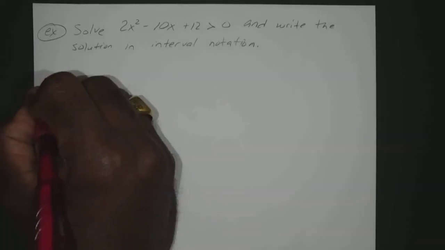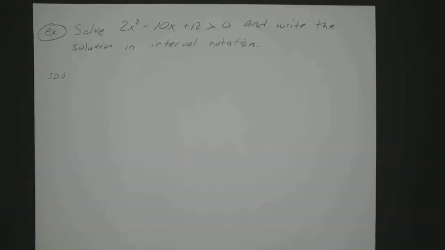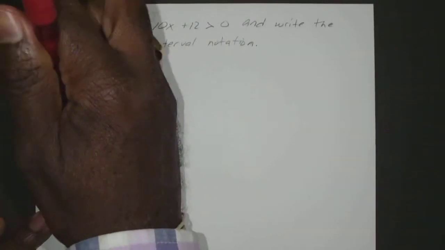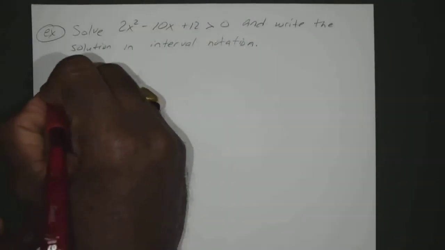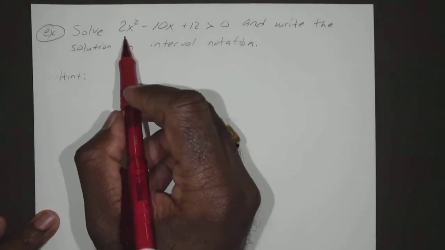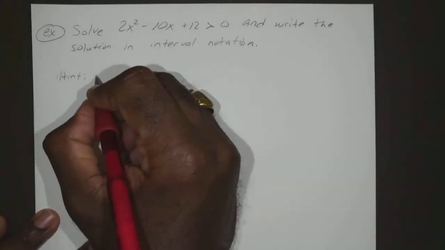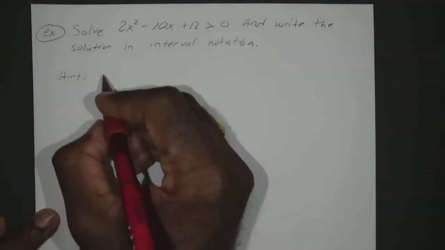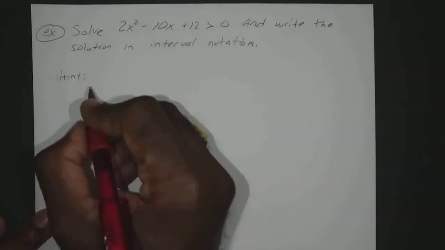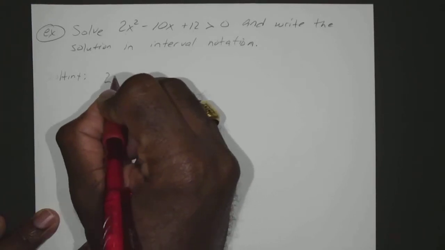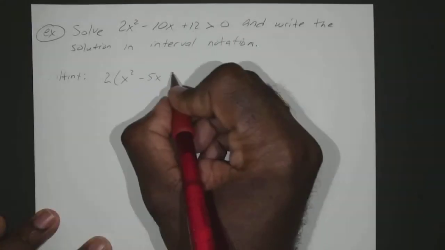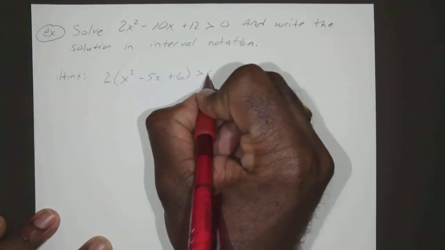Now for this one, we can actually simplify it before we start. Before, you'd have to use the A times C method or whichever one you happen to think about using. But if you factor out a 2 from each of those terms, you have 2 times x squared minus 5x plus 6 is greater than 0.